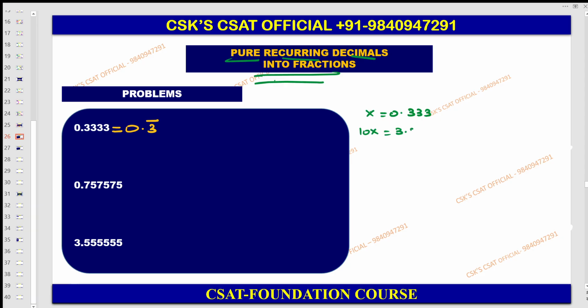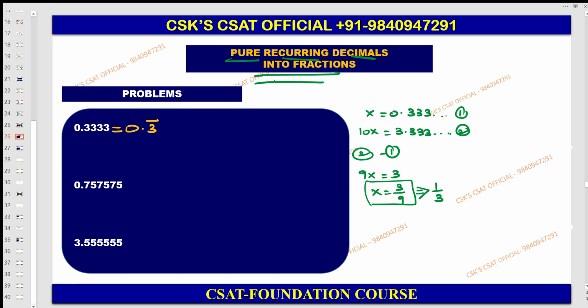So 10x equals 3.3333, and so on. Keep this as equation number 1 and this as equation number 2. Subtract 2 minus 1. Therefore 9x equals 3, x equals 3 by 9. In the simplest form, you can write this as 1 by 3.